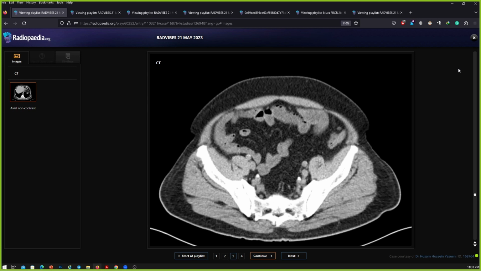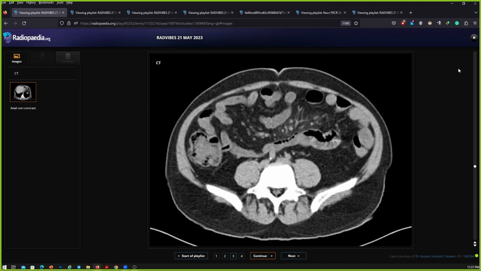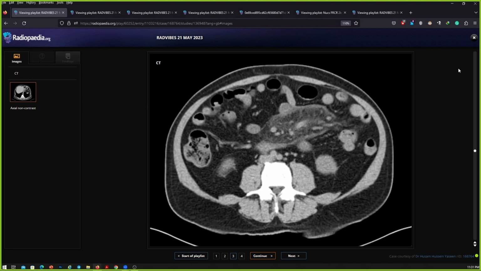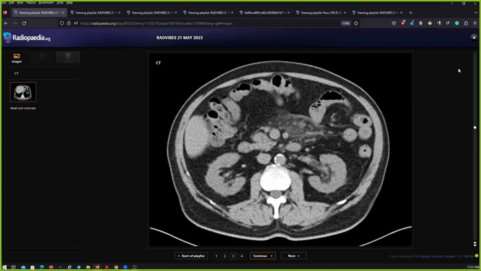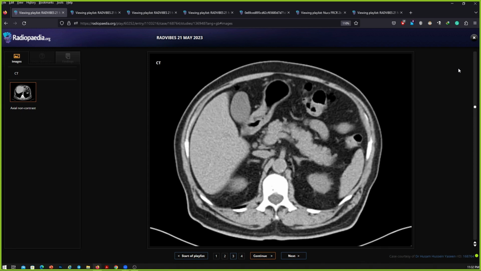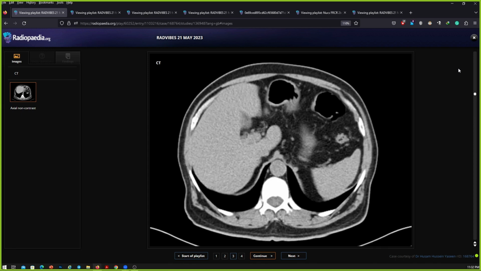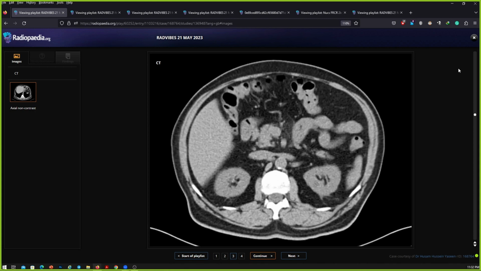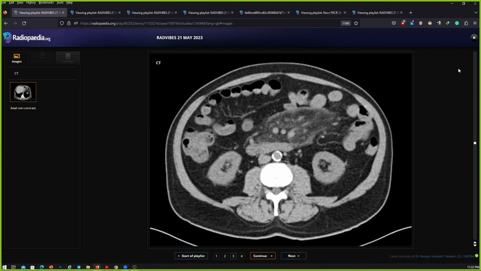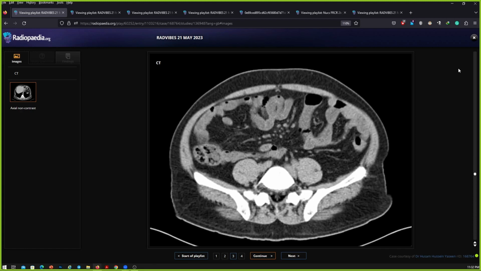I can see there is increased density involving the mesentery with fat halo surrounding the mesenteric vessels. These findings are consistent with mesenteric panniculitis. I'd like to review my review areas like the vessels. There is no thrombus seen in the vessels. I can see there is an incidental gallbladder stone. Rest of the findings appear to be normal.